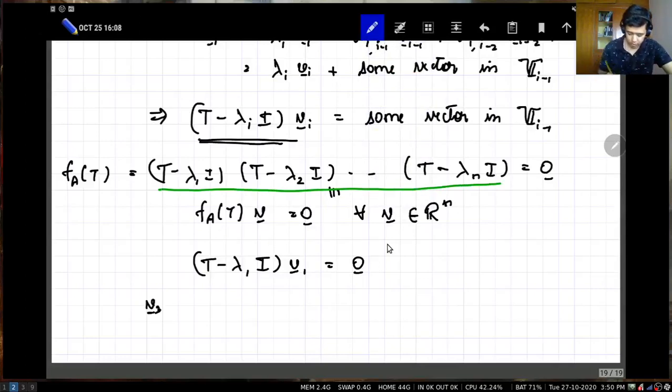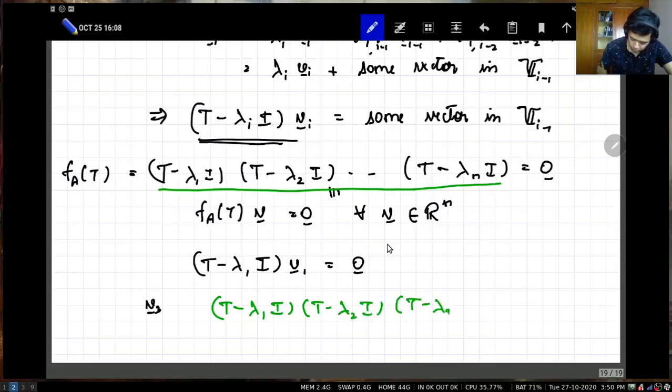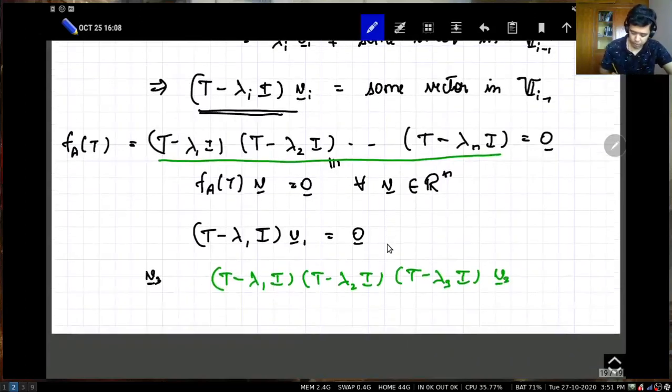But in fact, it's enough to just look at the effect of T minus lambda 1 I, T minus lambda 2 I, T minus lambda 3 I. So let's look at T minus lambda 1 I, T minus lambda 2 I, T minus lambda 3 I times v3, right?